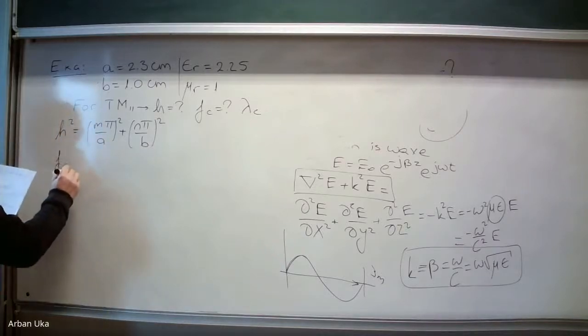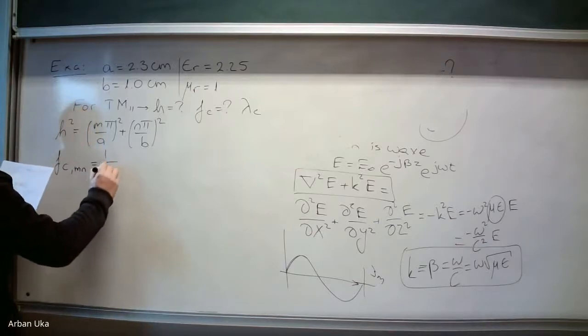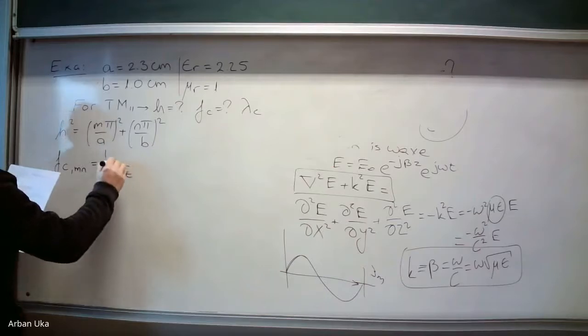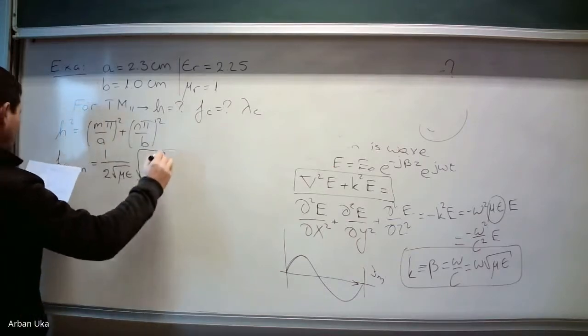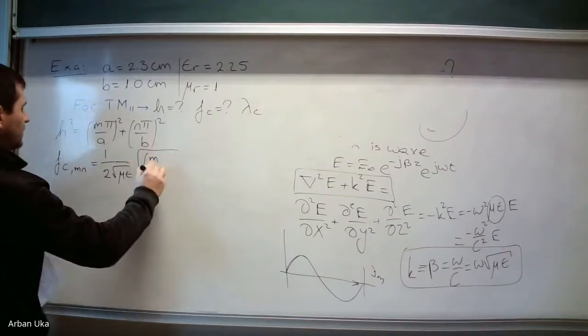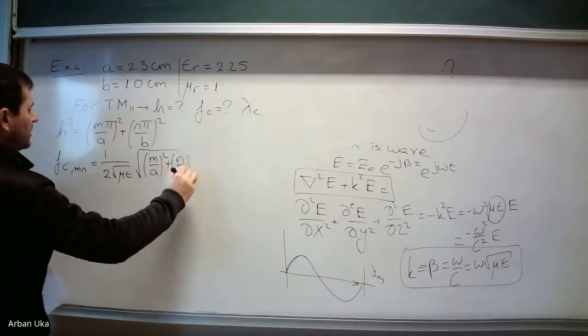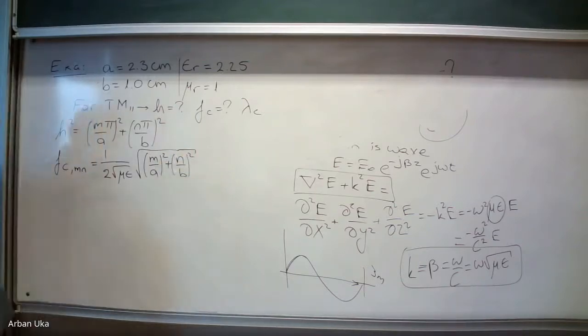The cutoff frequency as a function of m and n is equal to 1 over 2 times the square root of permeability times permittivity, times the square root of (m over a) squared plus (n over b) squared.